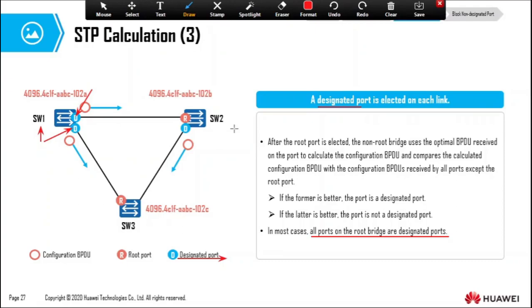The ports used to send BPDUs to downstream switches are the ones we call designated ports, while the ports used to receive BPDUs from upstream switches are what we call the root port. Are you seeing that? Does it make sense? Exactly.